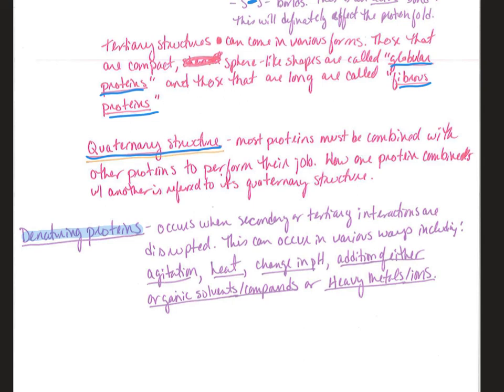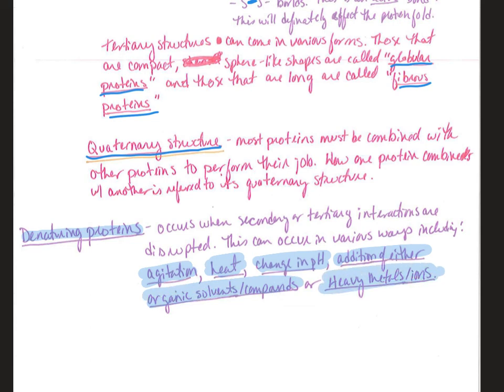So things that do that: agitation, which means mixing it really intensely; heat; change in pH; addition of either organic solvents or compounds; and finally, heavy metals and ions.